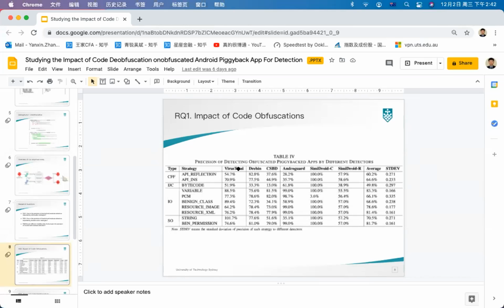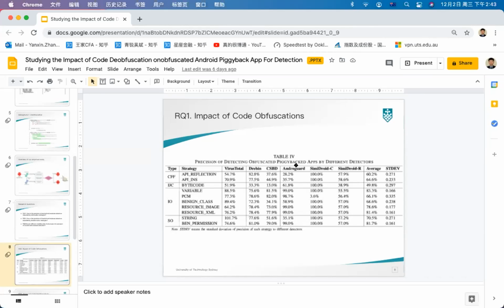Here, VirusTotal is a set of commercial antivirus engines. It collects over 60 antivirus engines in this single website. So basically, this is an ensemble of different commercial antivirus engines. And Drebin and CSBD are two well-known machine learning-based detectors.